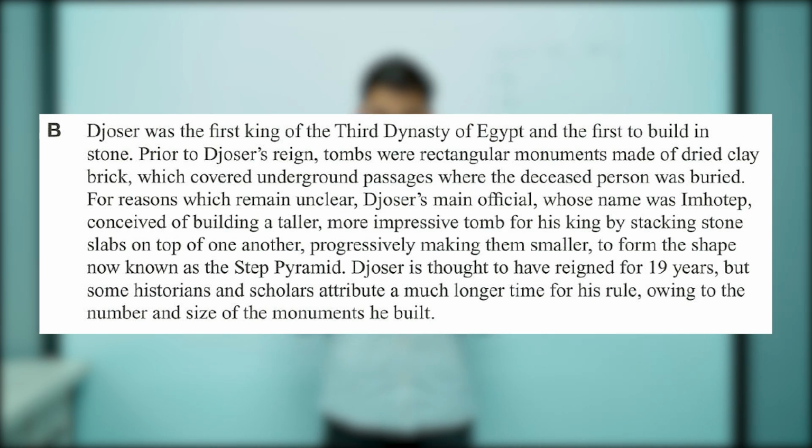For reasons which remain unclear, Djoser's main official, whose name was Imhotep, convinced him of building a taller, more impressive tomb for his king by stacking stone slabs on top of one another, progressively making them smaller, to form the shape known as the step pyramid. Djoser is thought to have reigned for 19 years, but some historians and scholars attribute a much longer time for his rule owing to the number and size of monuments he built.